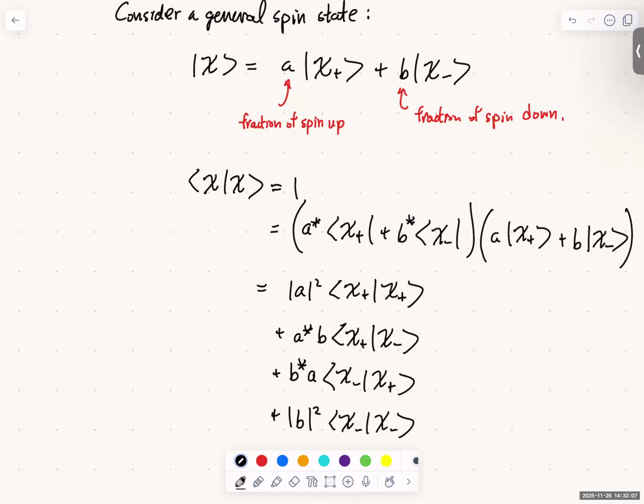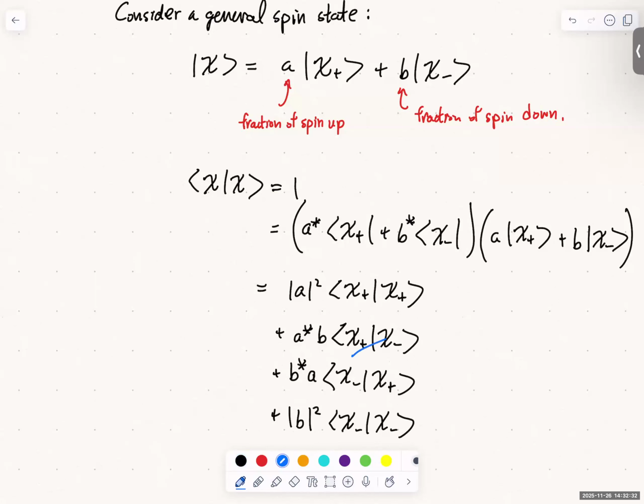Like all eigenstates, these chi plus and chi minus should be orthonormal. The normal part of orthonormal means that the inner product with itself should be 1. And then the orthogonal part is that two states that are different are going to have an inner product that vanishes.